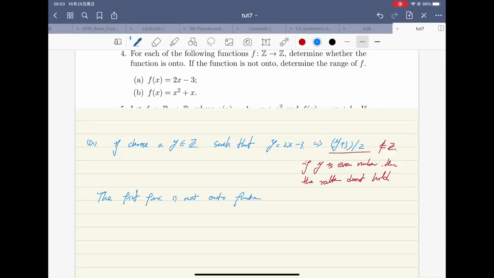Very simple. So the range of the function is all odd numbers, right? Because if we want (y plus 3) divided by 2 to be an integer, we have to set y to be an odd number. Then the equation holds. So the range should be all odd numbers.